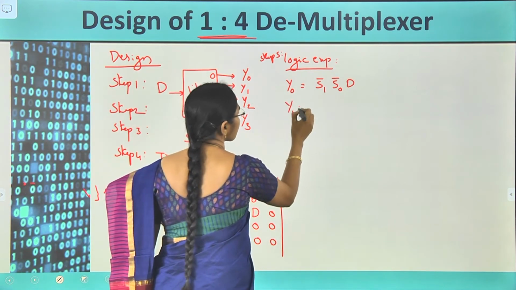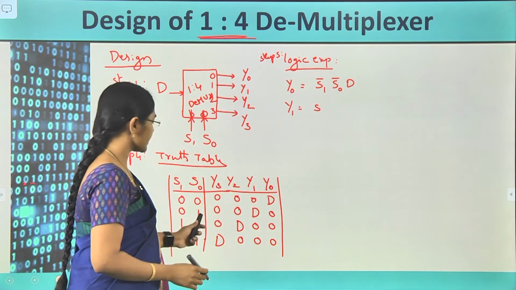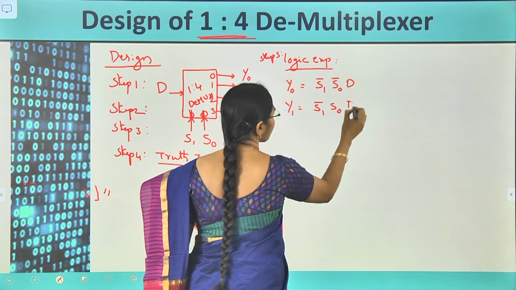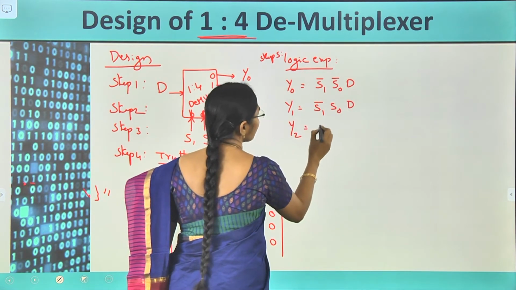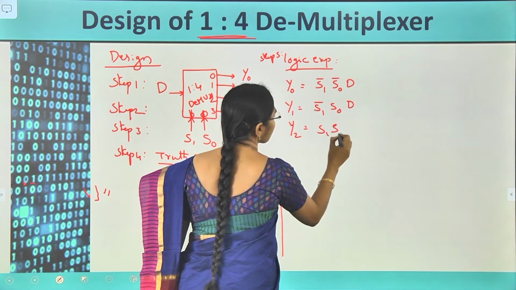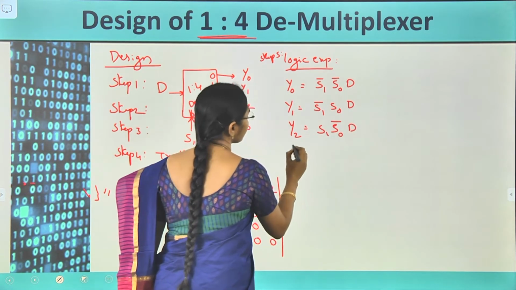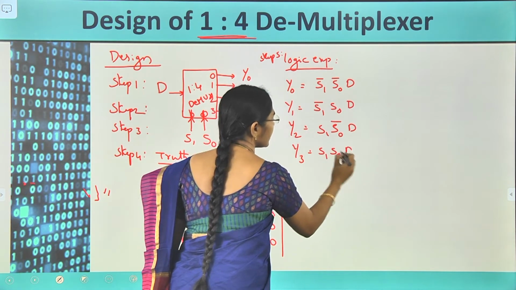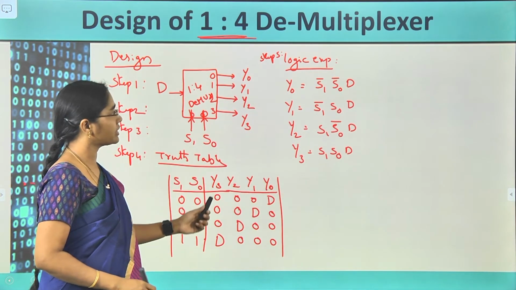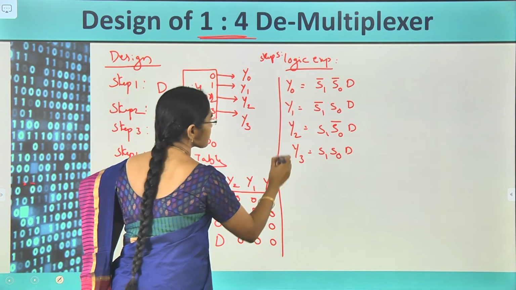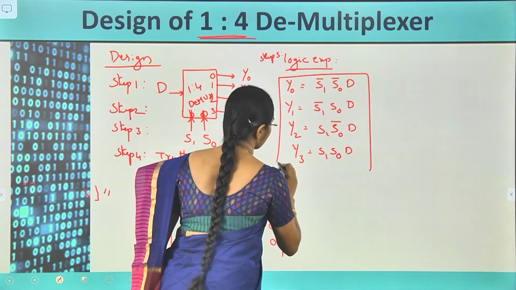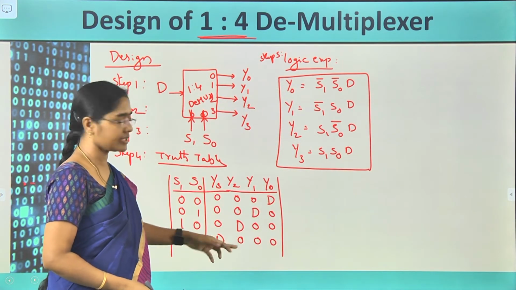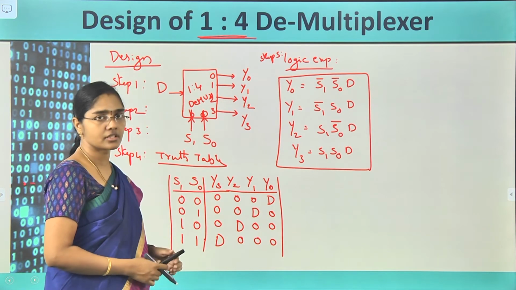Then Y1 is equal to S1 bar, S0 into D. Then Y2 is equal to S1, S0 bar, D. Y3 is equal to S1, S0 into D. These logic expressions for Y0 to Y3 are written from the truth table based on the selection signals.